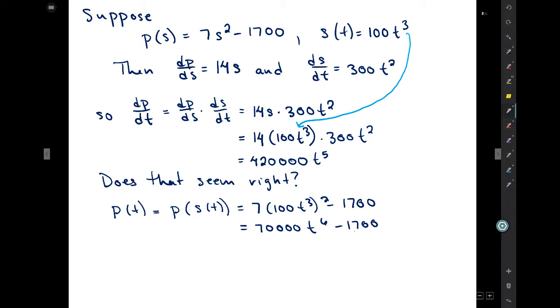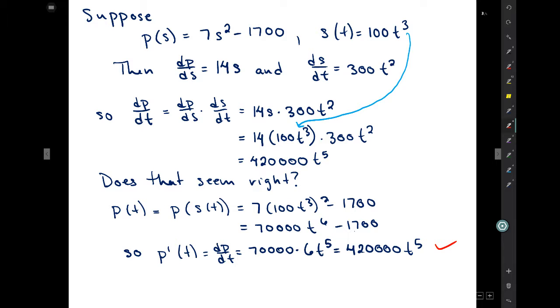And so when you take this derivative, when you simplify this and you just have your p's and your t's, we see, yeah, okay, p prime of t, that's dp dt. That really is, so that's going to be 70,000 times 6t to the 5th. Yeah, that's going to give me 420,000 t to the 5th. Yep, that checks out.